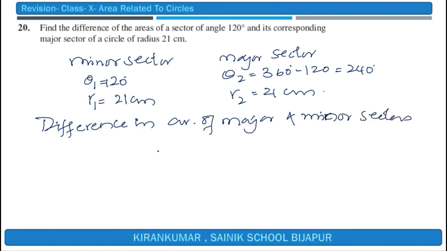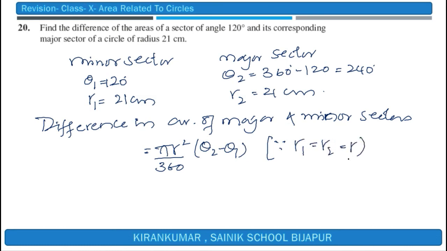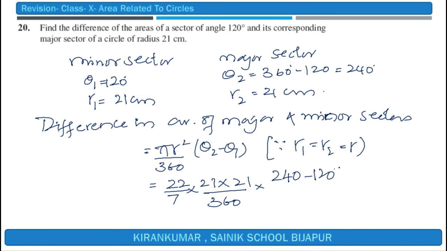It will be equal to pi r square by 360 into theta 2 minus theta 1, because r1 and r2 are equal to the radius. So 22 by 7 into 21 into 21 divided by 360 into 240 and 120, they are the angles.